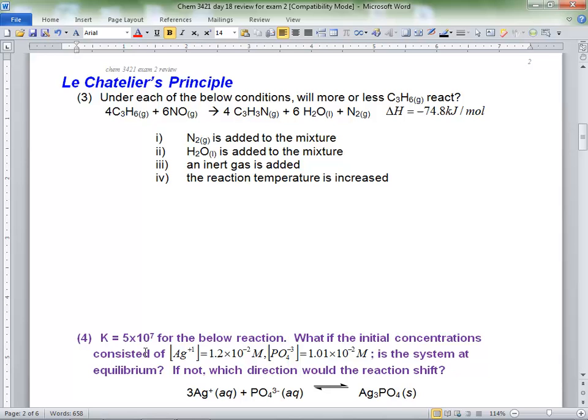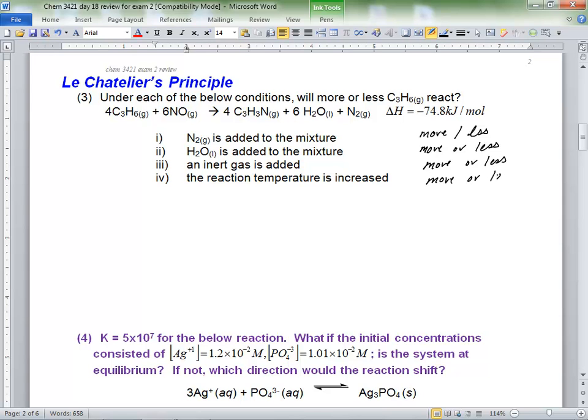They added some nitrogen gas. Will more or less C3H6 react? Maybe you don't want C3H6 to react. Circle your answer on each of these.